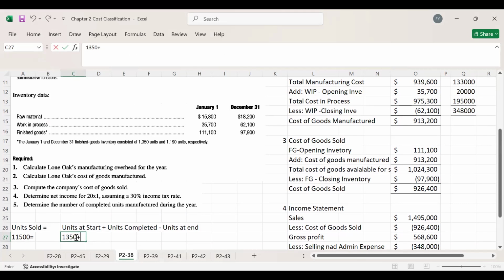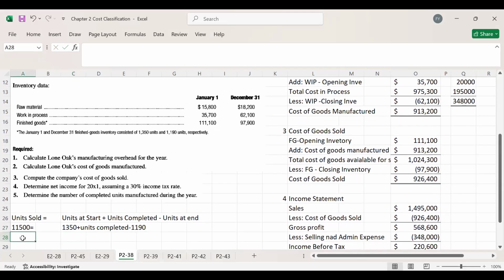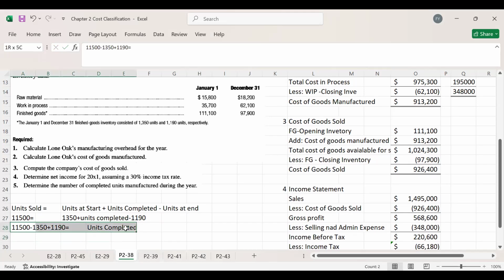Then we deduct units at end, which is 1,190. We take these two amounts to the other side of the equation, and we have units completed or manufactured. You can calculate this as well.